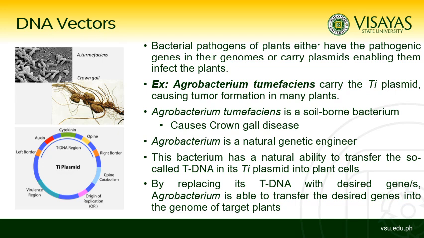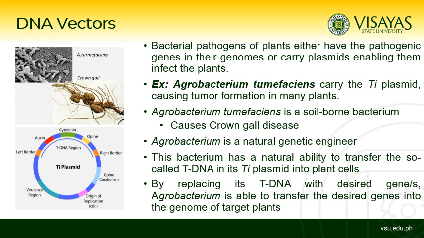Cloning vectors are DNA molecules that help in transferring the foreign DNA molecule into the host cells. They are like a vehicle for transporting this foreign genetic material into another cell. And of course, the foreign segment of DNA is replicated and then expressed using the machinery of the host organism.